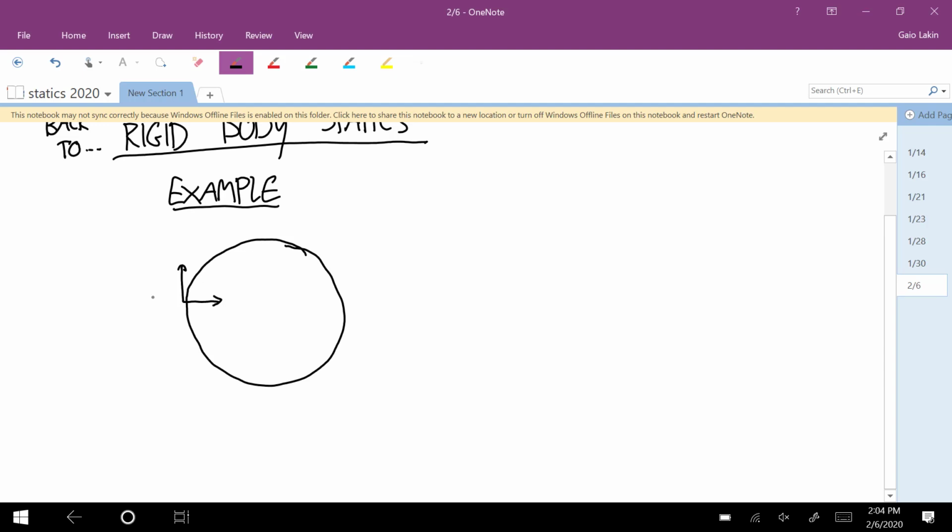I'll call this force vector F1. And then over on the other side, let's say there's a force with a known direction. It has a magnitude F2, and it makes an angle of 30 degrees with the horizontal.